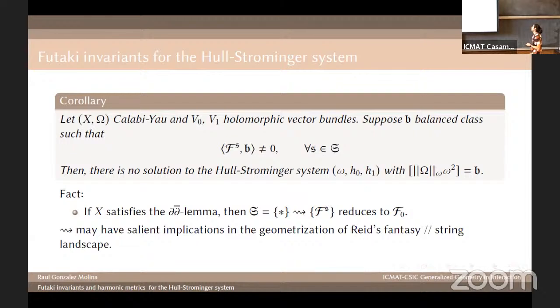And hopefully this has some implications for the geometry of Reid's fantasy, because the proposal is to make solutions to the Hull-Strominger system pass across these conifold transitions. But we start to see that if this kind of obstruction pops up, this procedure may not come for free. Of course, the upshot is not that Reid's fantasy must be false.